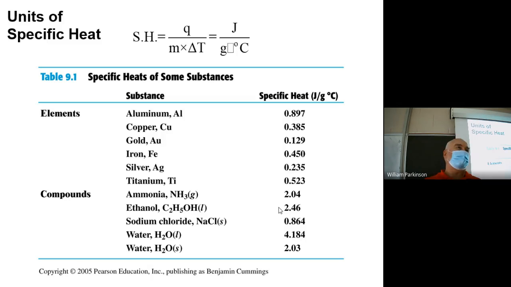Amazing. This is one of the most important aspects of this planet. Why? Because this planet is covered with water. 75% of the surface of the planet is covered by water.